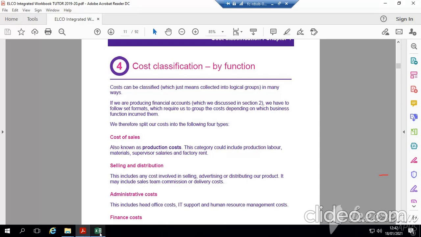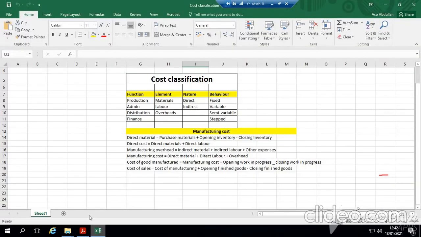So usually we have 4 types of classification: whether it's function, element, nature, or behavior. Each of them has different groups. In the exam you will have a discussion.